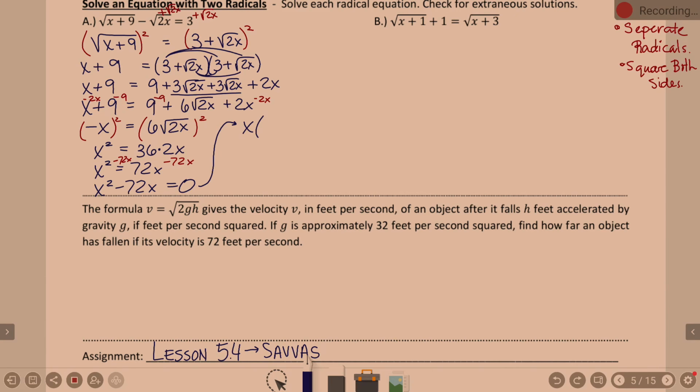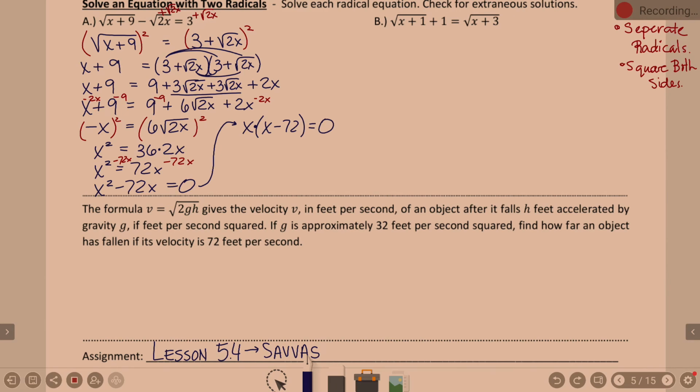If I factor out the GCF of x, x squared divided by x leaves me with x. Minus 72x divided by x leaves me with minus 72. Okay, guys, we're almost there. You have x times x minus 72.